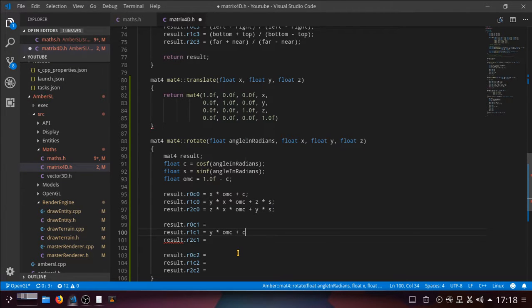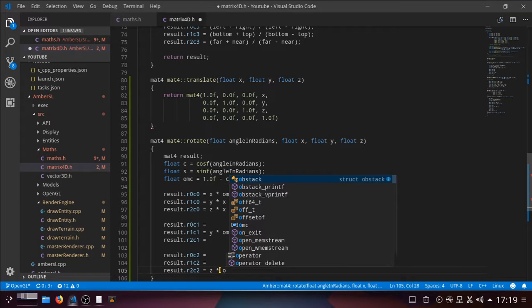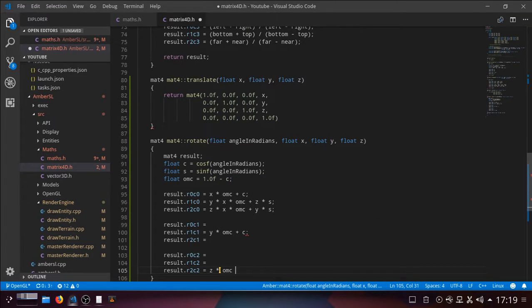So that's that one. And I bet you can guess what this one down here is now. It's z times OMC plus C, semicolon, not a colon.